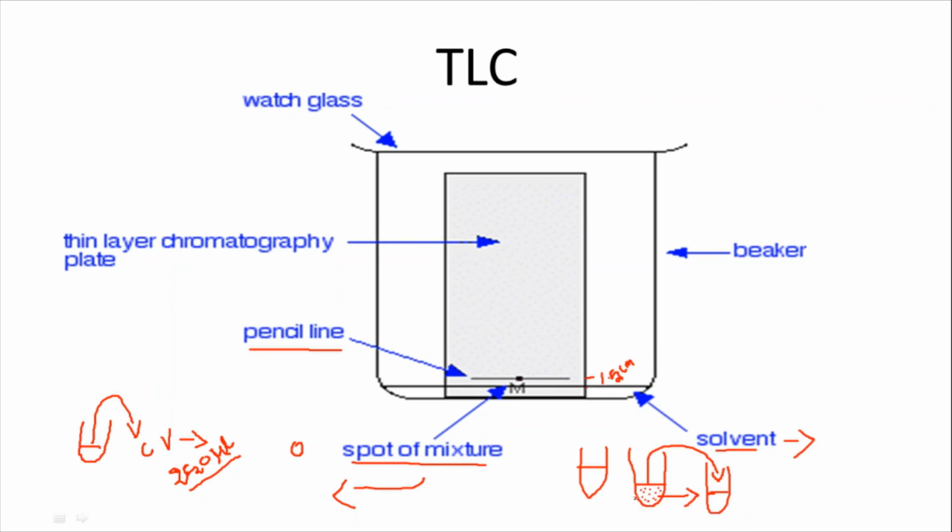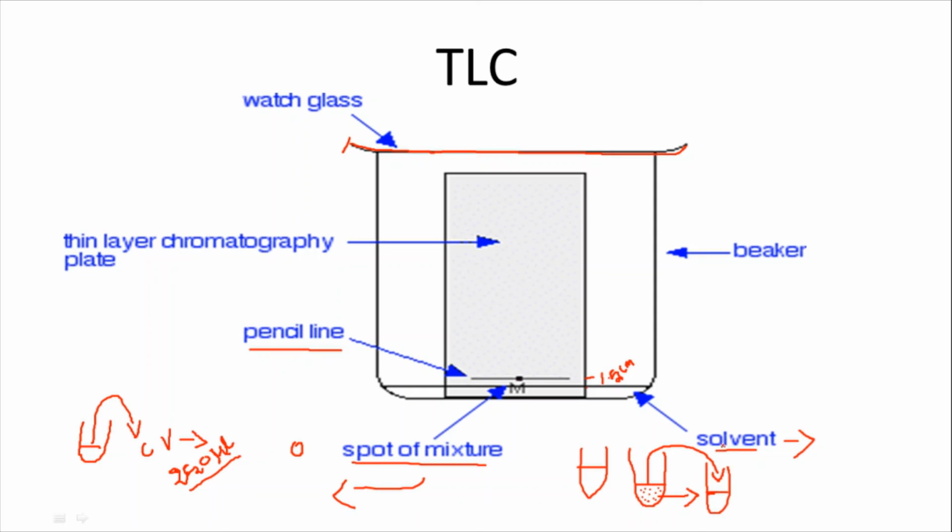So for effective capillary action, you allow some time for the chamber with the mobile phase to attain saturation. So that time you can close the chamber using some lid. Okay. So after saturation, you can place the stationary phase into the chamber.